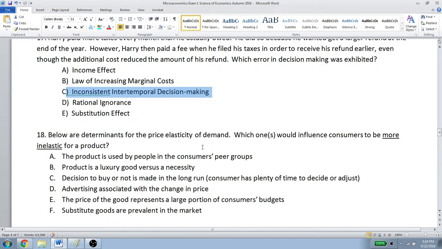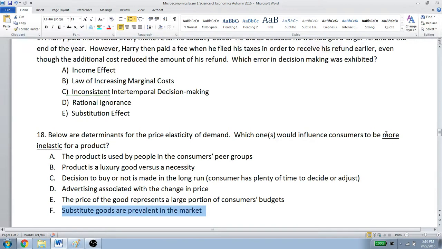Below are determinants for the price elasticity. Which one would influence consumers to be more inelastic? Well, here's what we're looking for. Actually, this is a great thing to think about. Substitute goods are prevalent in the market. If there's lots of substitutes, then people will be willing to go to the substitute if the price of the product we're looking at increases. So that makes them very elastic in regards to price.